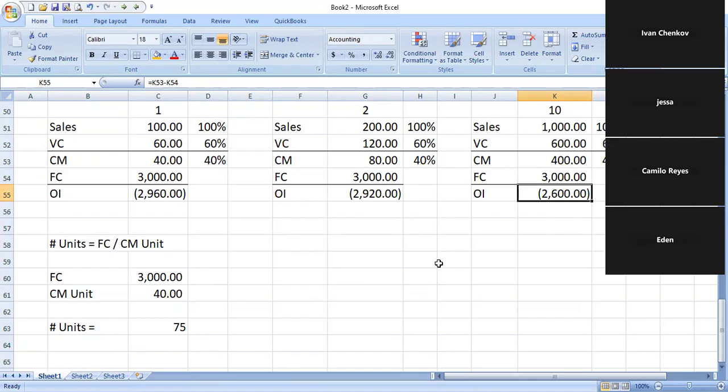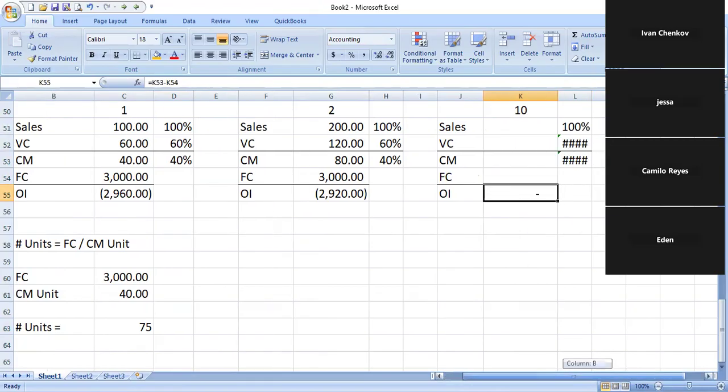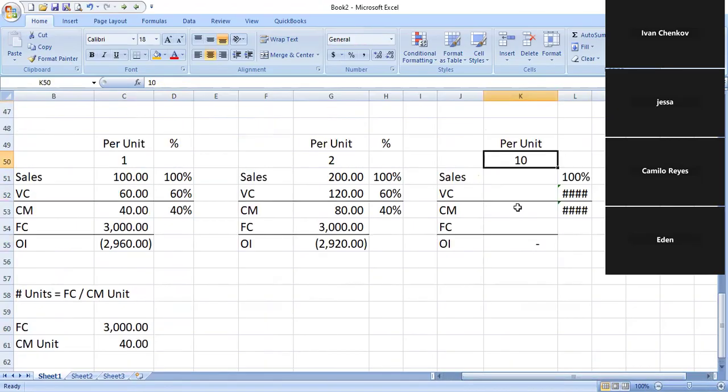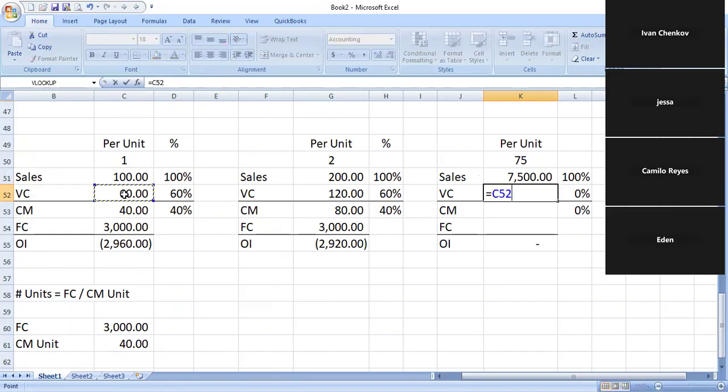Let's see if that's true. Let's eliminate those. Let's start from scratch. If I put here 75, then how much will be my sales? 100 times 75, 7,500. How much will be my variable cost? 60 times 75, right? 4,500.